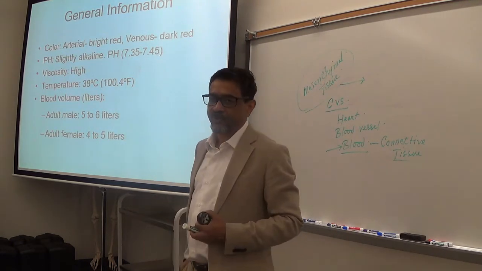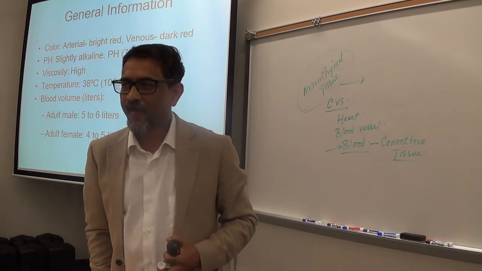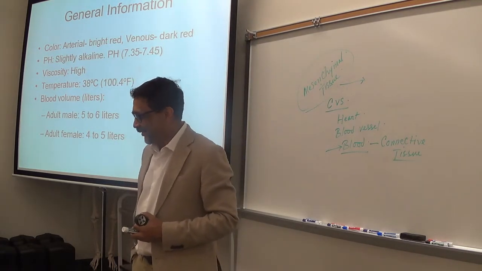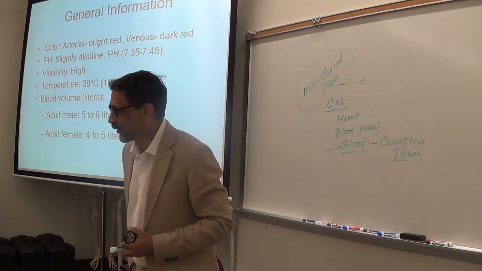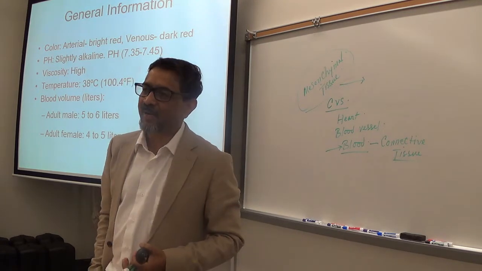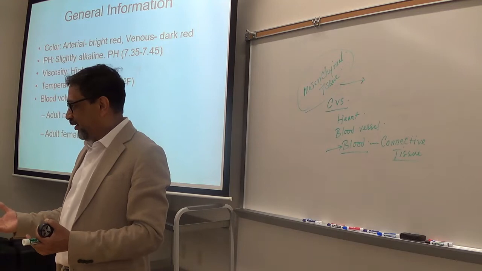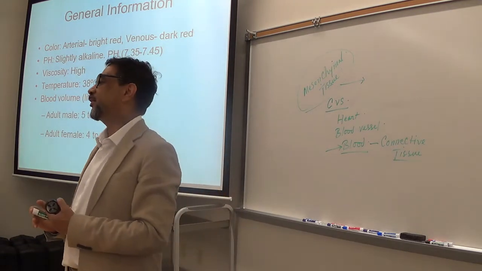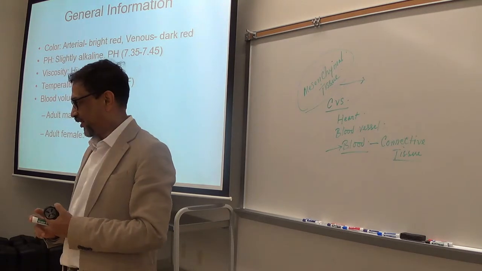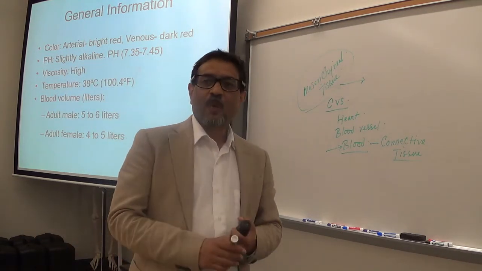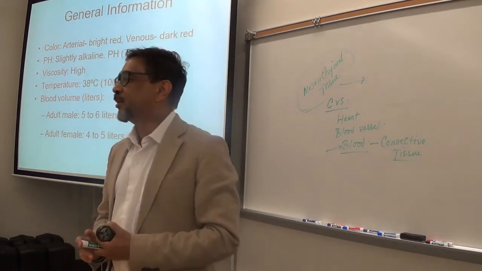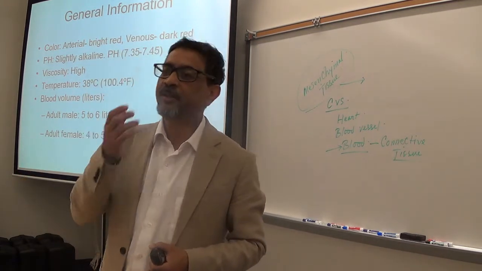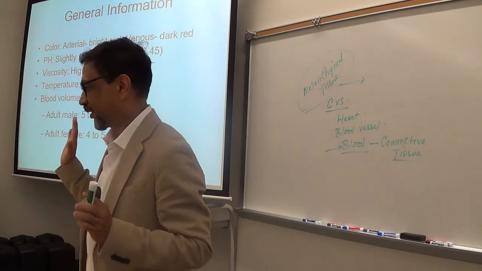General properties of blood. What's the color of the blood? Red, right? Arterial blood is bright red, and venous blood is dark red, like bluish. Okay? Why? Because in arterial blood, in case of systemic circulation, you have more oxygen.